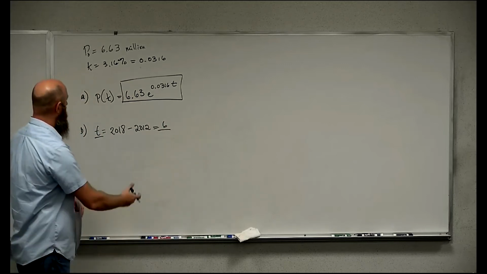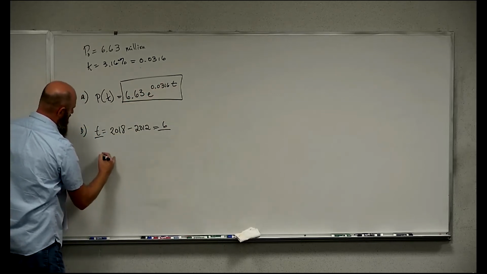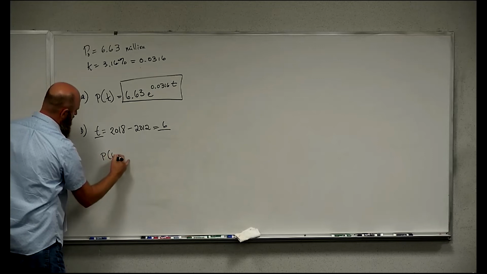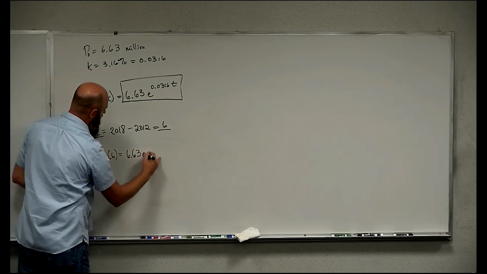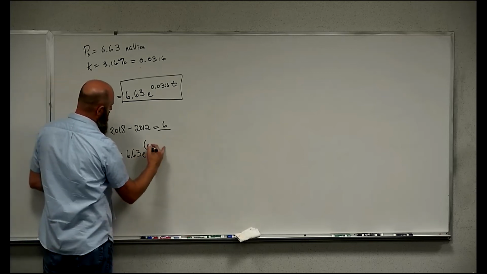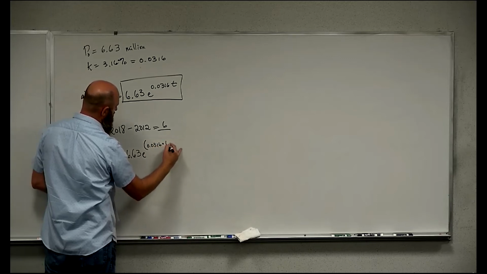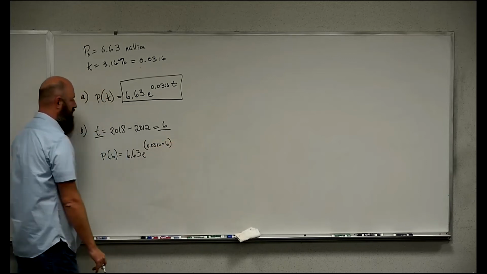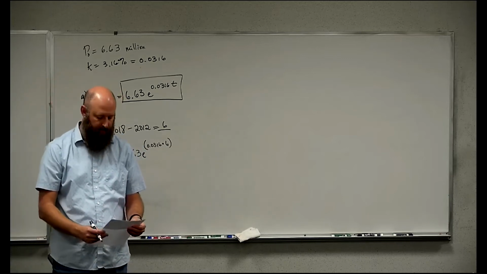Well, now we have all of that information. So here, P of 6 is going to equal 6.63 E, and I'm going to put this in parentheses, 0.0316 times 6. So that when you plug that in, this is all calculator work at this point for this problem, okay?